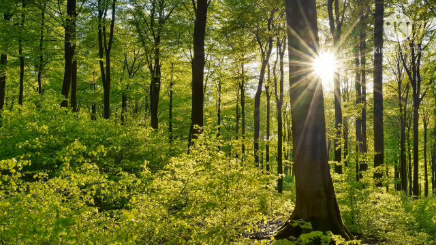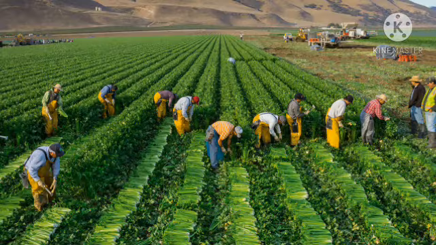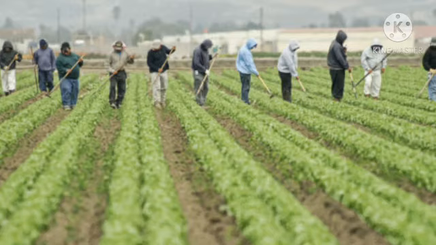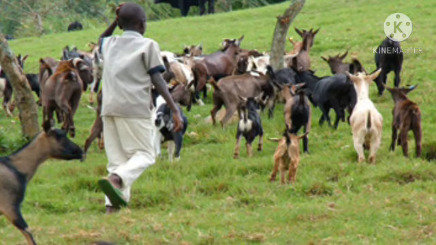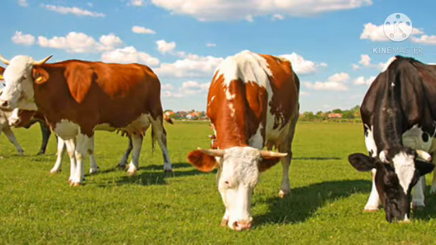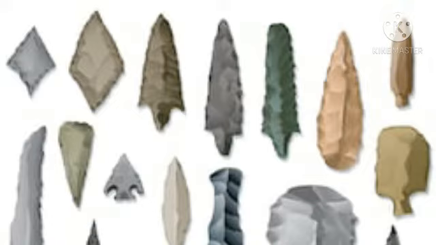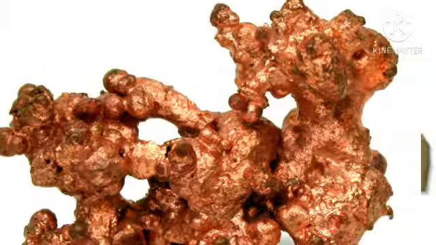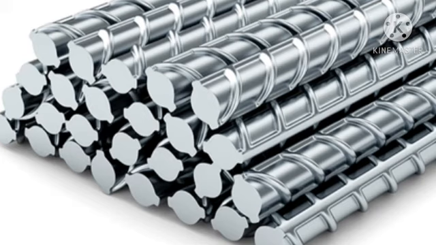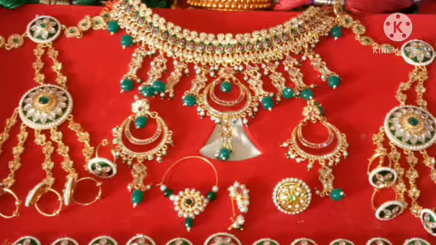They became agriculturists because they cultivated different things. They also became shepherds because they reared cattle. They invented tools from stones and later on found copper and iron from abiotic resources. They made ornaments from precious metals.